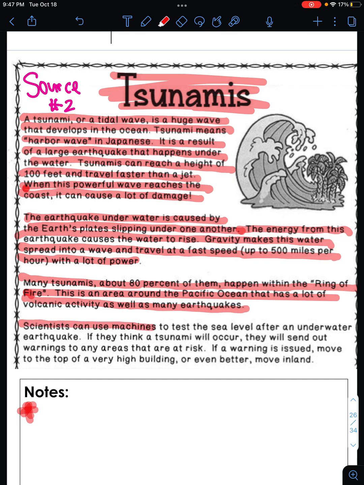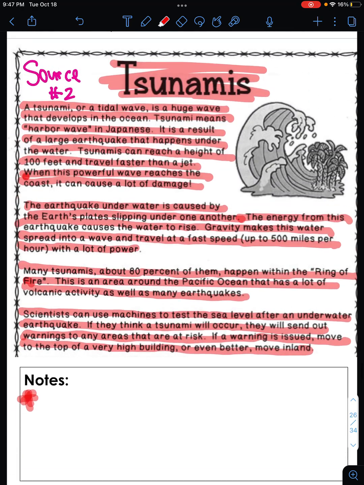Scientists can use machines to test the sea level after an underwater earthquake. If they think a tsunami will occur, they will send out warnings to any areas that are at risk. If a warning is issued, move to the top of a very high building, or even better, move inland. Okay, that's source number 2.